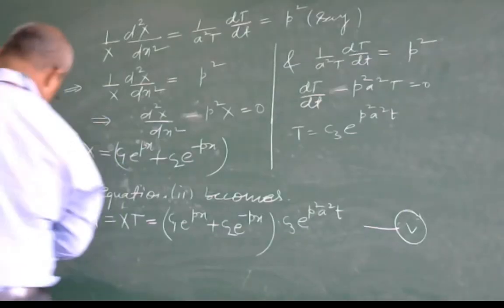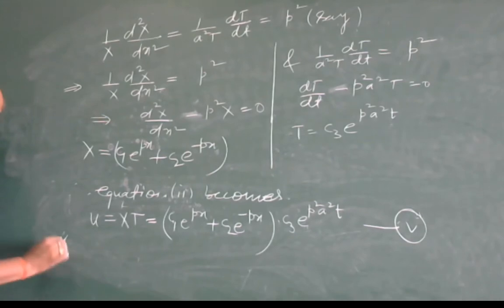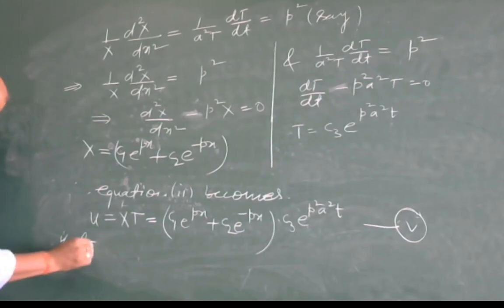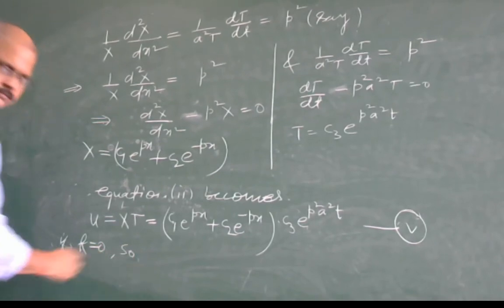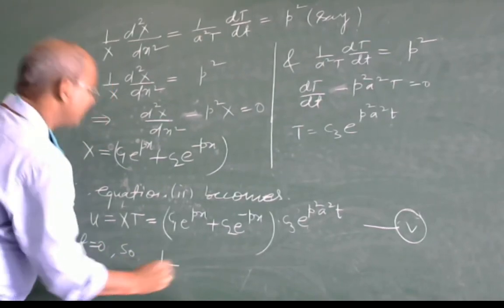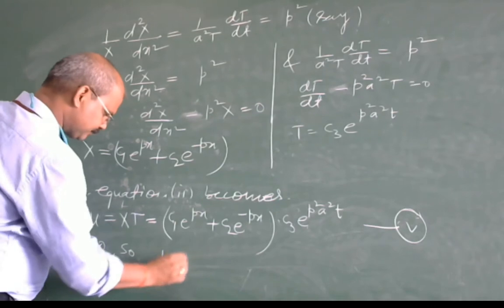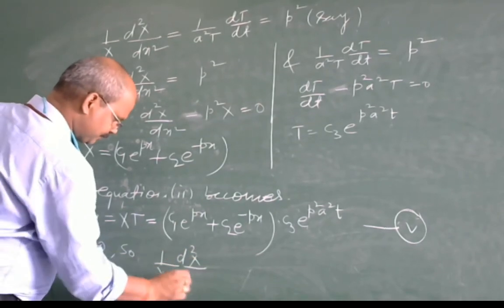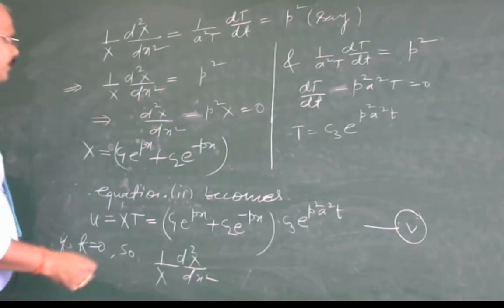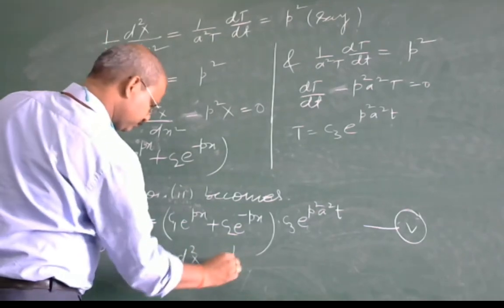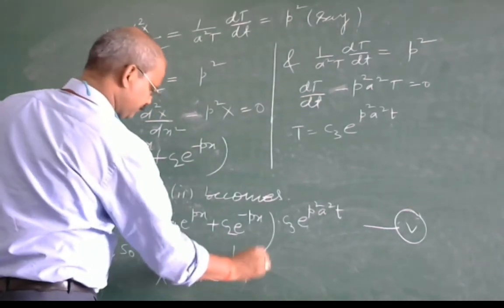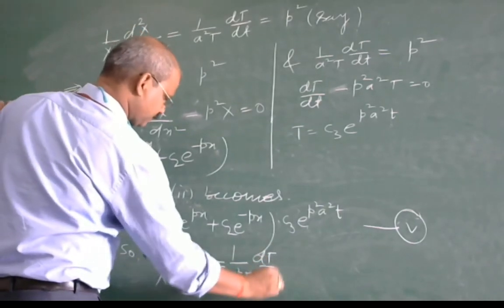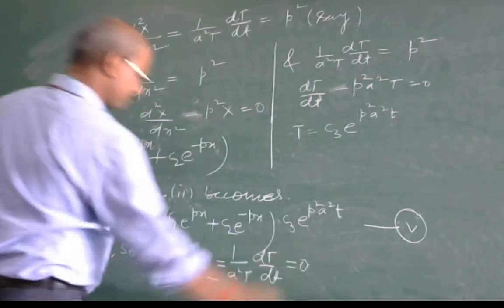Again, if k becomes 0, so 1 upon x d2x upon is equal to t becomes 0.